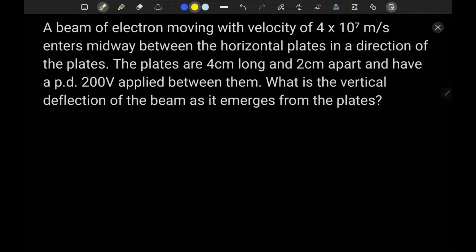Now we will solve this question with respect to the above discussion. The two plates A and B. The velocity of electron entering in between the two plates is given by v equal to 4 into 10 power 7 meter per second.